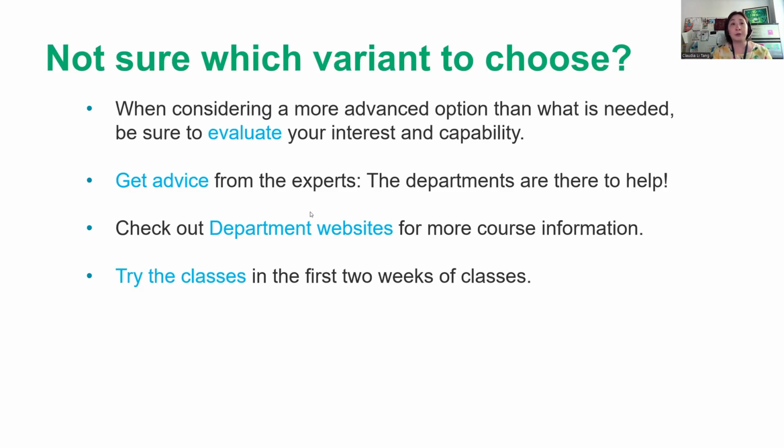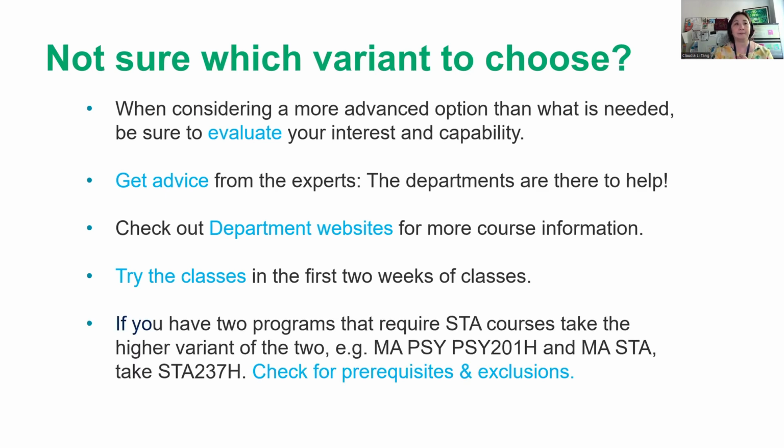But I do have to warn you, typically the mark that you get might also be slightly lower depending on the difficulty, but the content itself, some students find it very rewarding to take the higher level one. Okay.